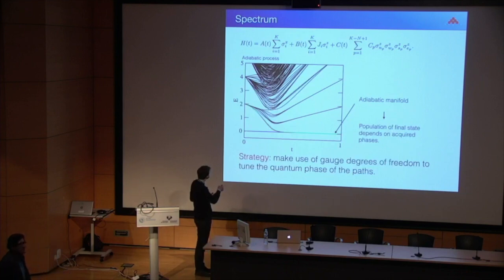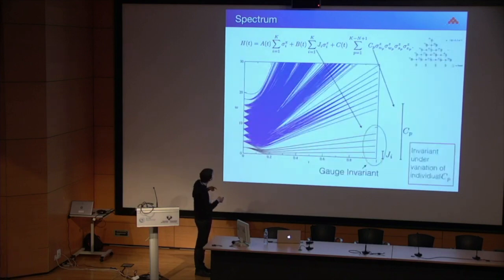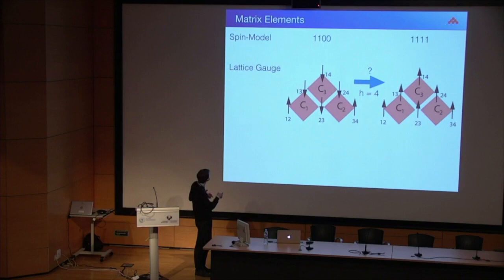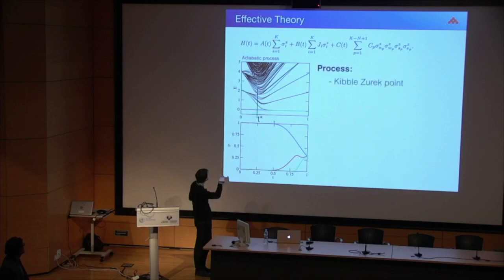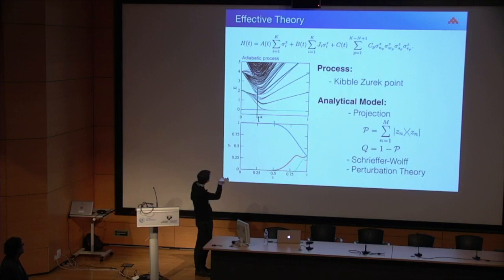Maybe I have this picture here with the Kibble point. So here you have an adiabatic evolution, and then at some point you will have a gap which is, so to say, smaller than the square of your velocity at which you change your parameter.